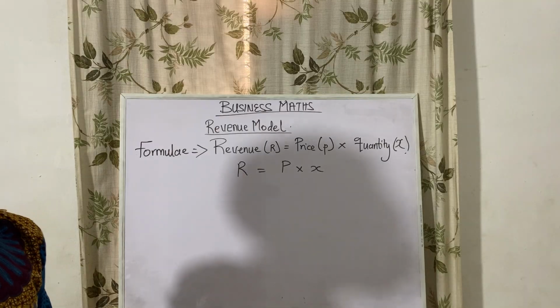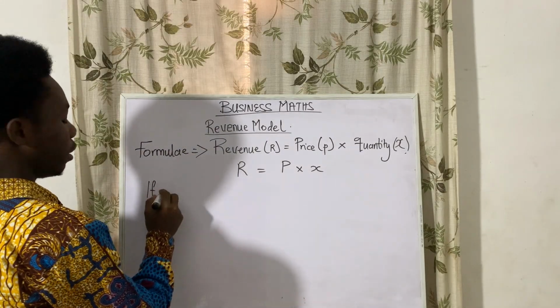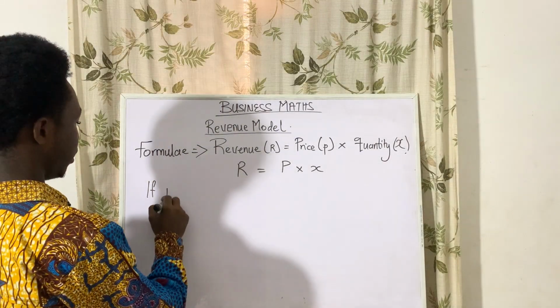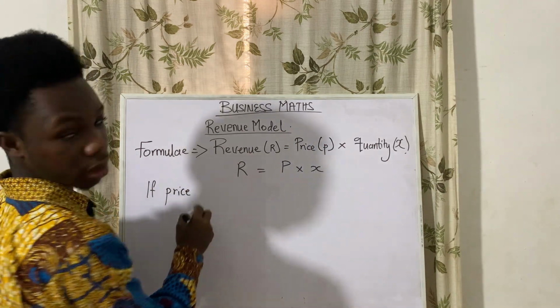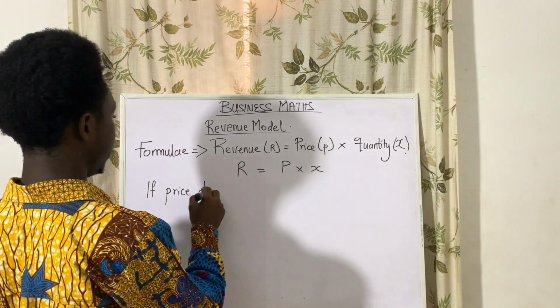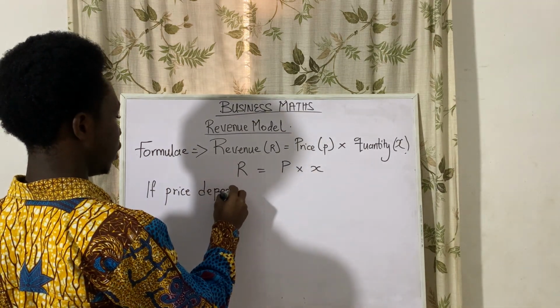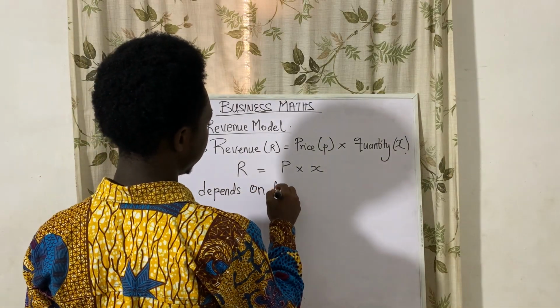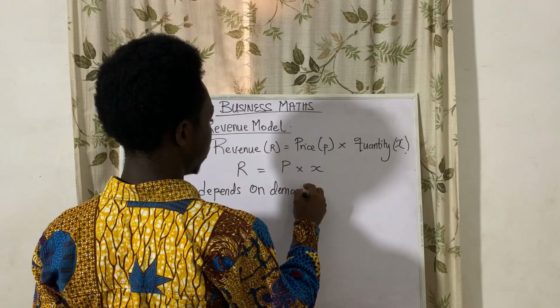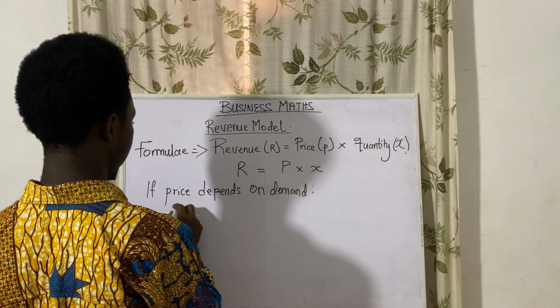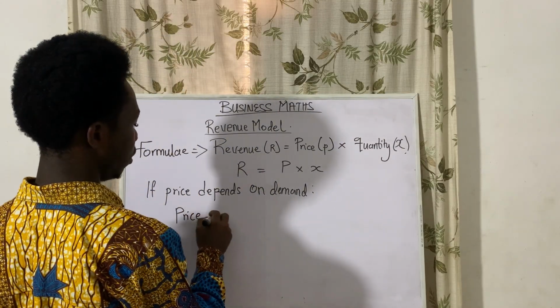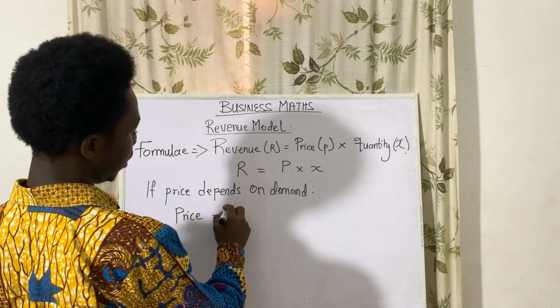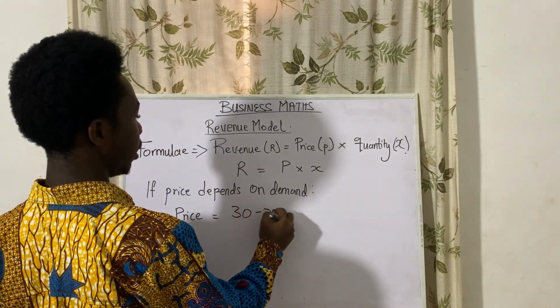Now if price depends on demand, we have price is equal to 30 minus X.